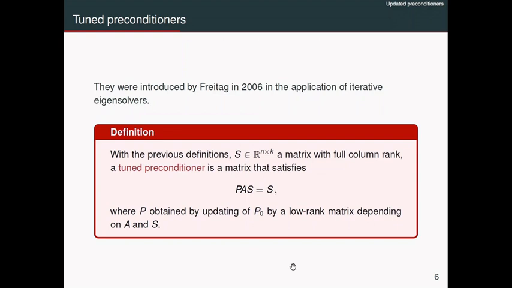So, with the previous definition, if we select a matrix S with full column rank, a tuned preconditioner is defined as a matrix P that satisfies this property. We can observe that this S will be a matrix whose columns are the eigenvectors of this P associated with the eigenvalue 1.